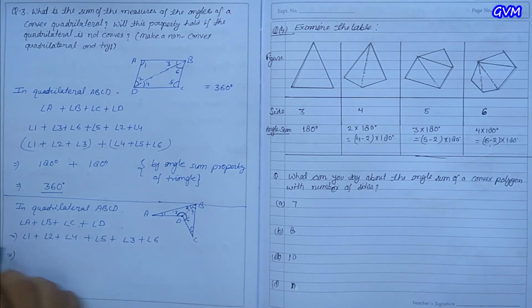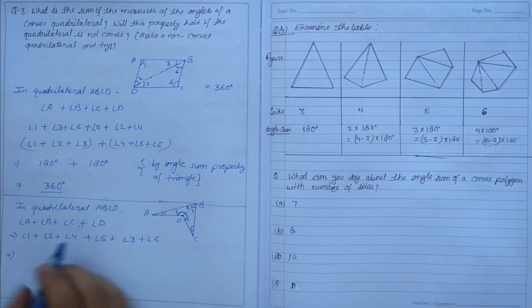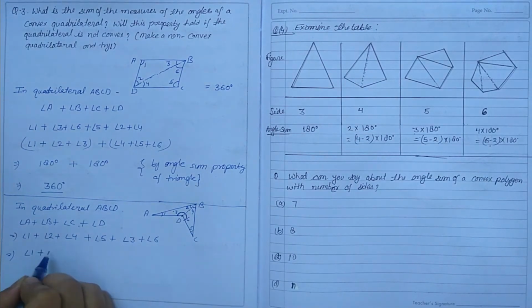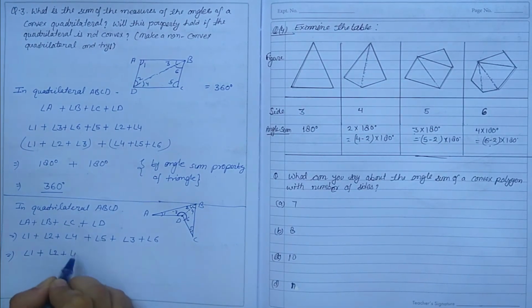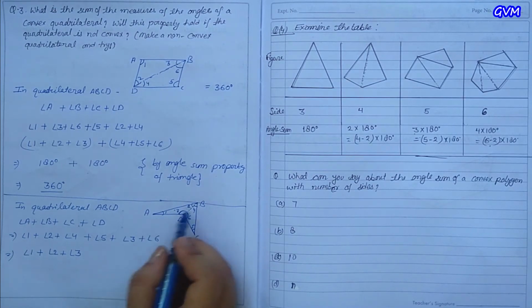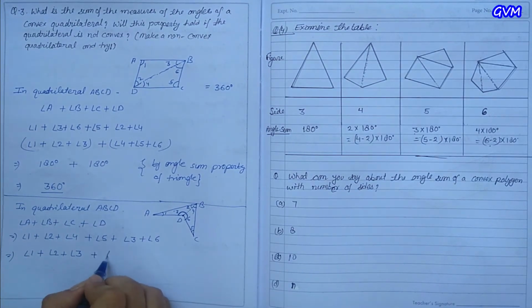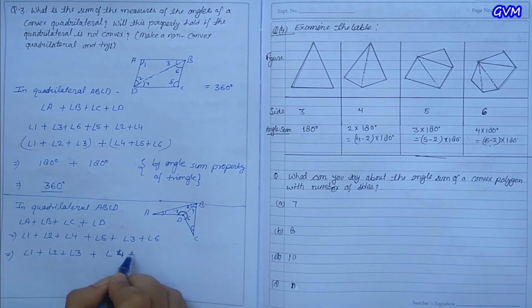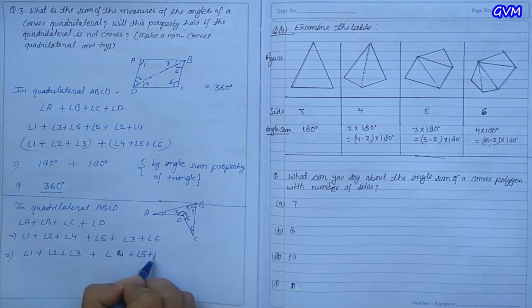Now arrange them according to the triangles. Angle 1 plus angle 2 plus angle 3 from the triangle ABD, and angle 4 plus angle 5 plus angle 6.